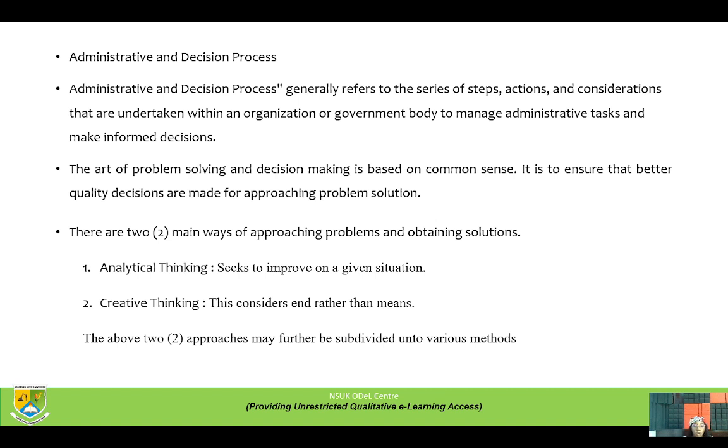There are two ways of approaching problems and obtaining solutions. The two main ways are analytical thinking and creative thinking. Analytical thinking seeks to improve on a given situation, while creative thinking considers the end rather than the means.